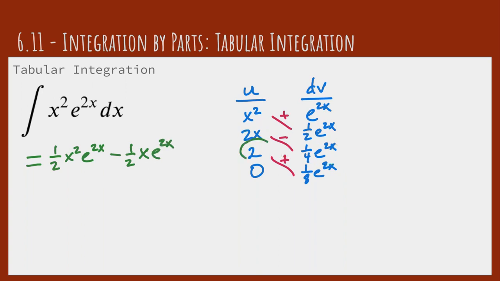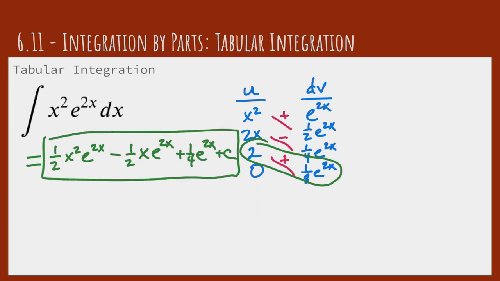And then I'm doing these right here. The 2 times 1/8 is going to be 1/4. So plus 1/4 e to the 2x, and then plus c. And that's our answer.